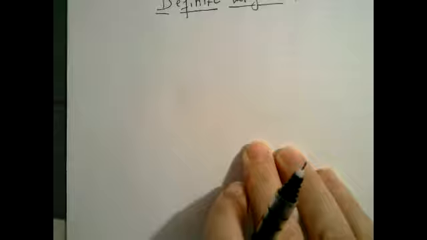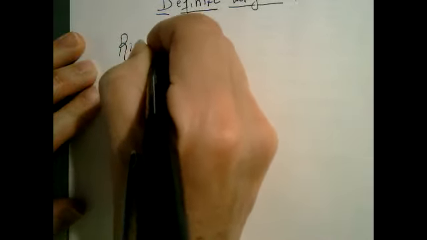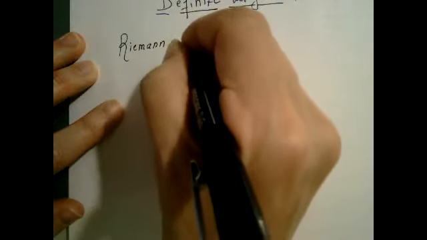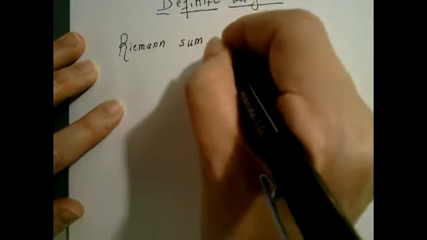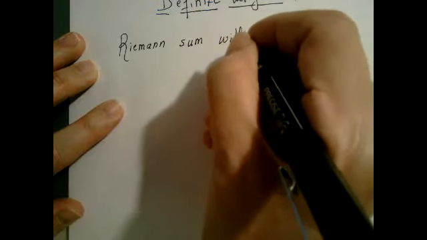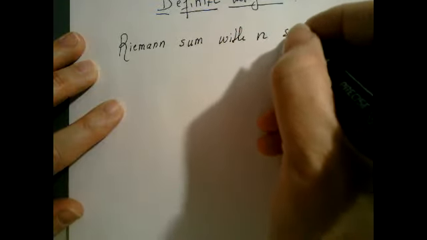So first, before I talk about the definite integral, I need to talk about something called the Riemann sum with n subdivisions. Everything I say, you guys have seen it, but I would like to review it with you.